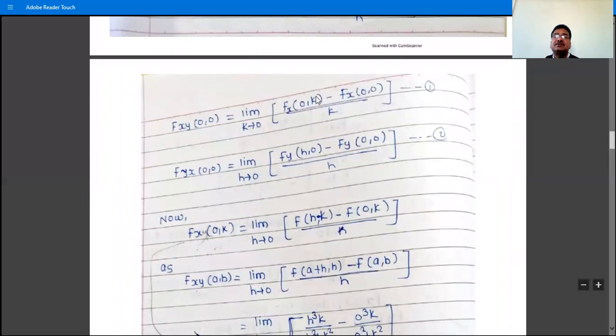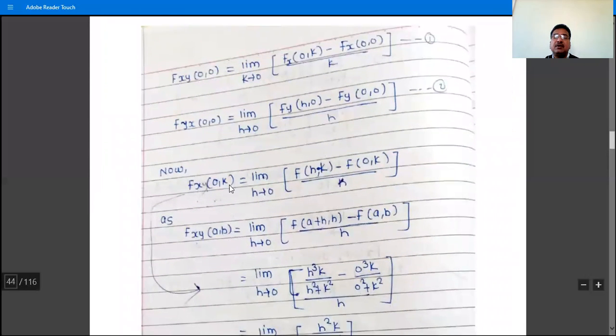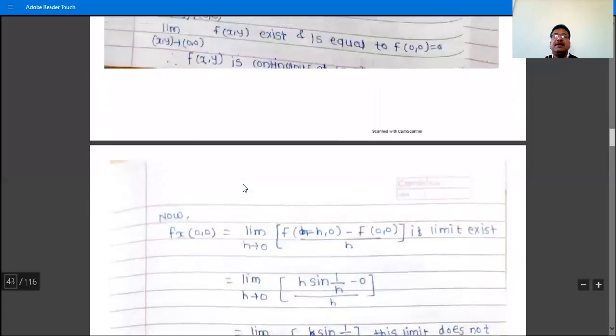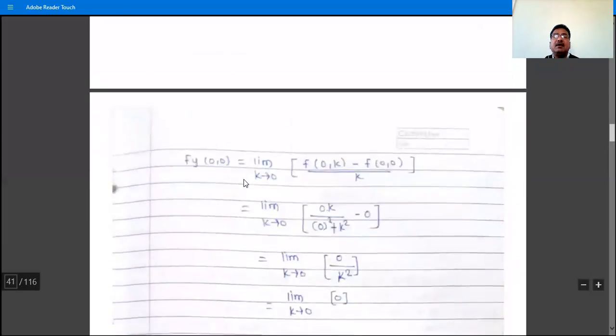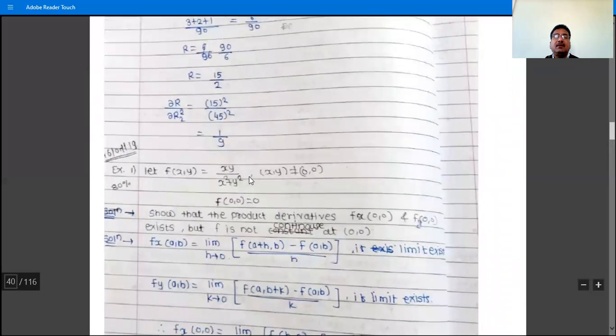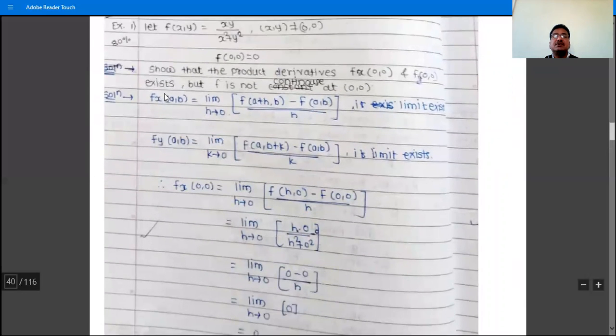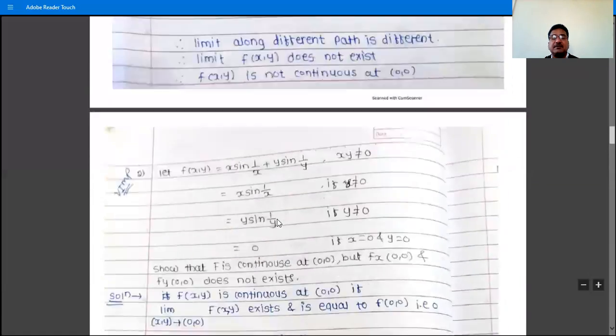Then find fx(0,k). fx(0,k) is fx(a,b) with a as 0 and b as k in the definition.